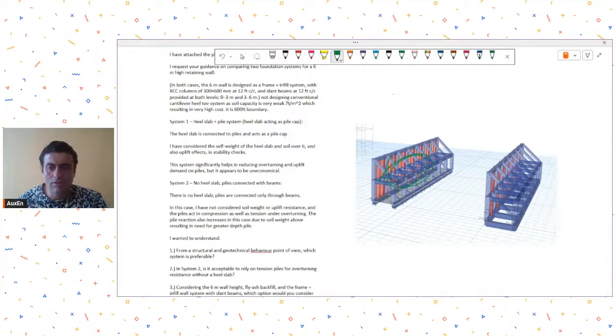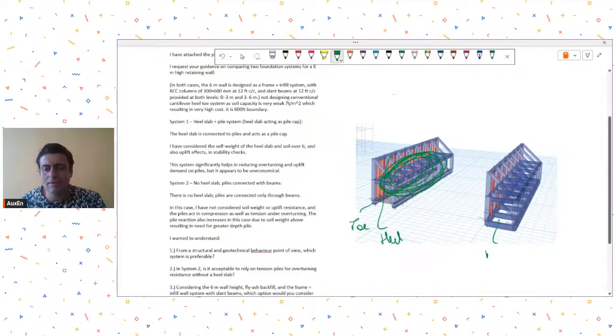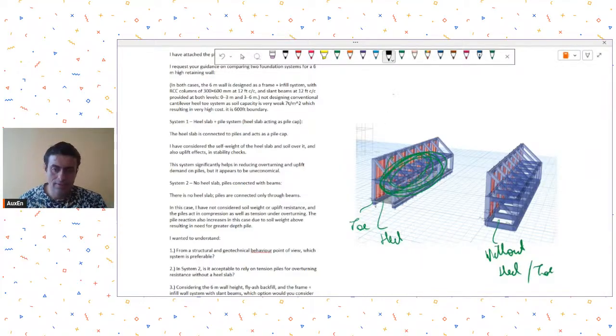In this system, I think this is called the heel slab, if I'm correct. This is called the toe slab. So this system has heel and toe, and this is without any heel and toe. And what he has done is he has provided piles over here.